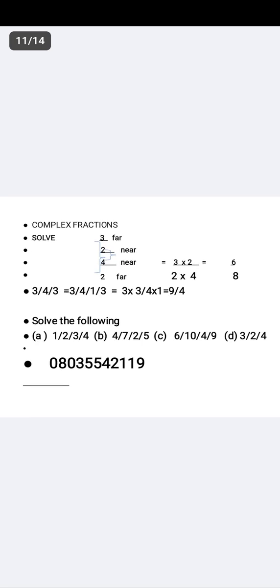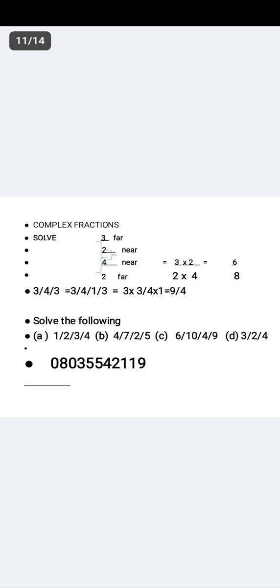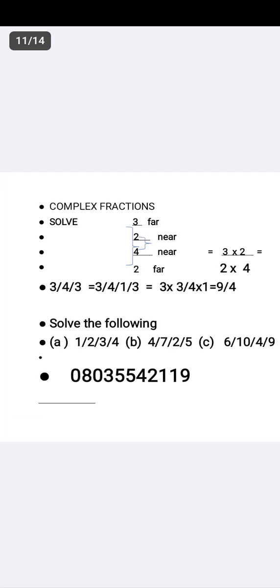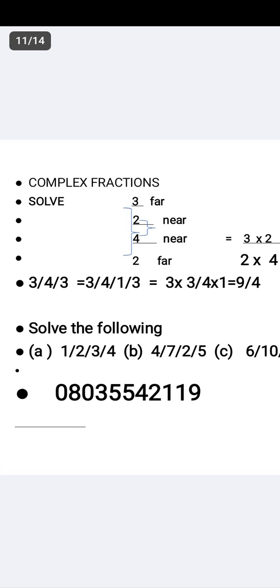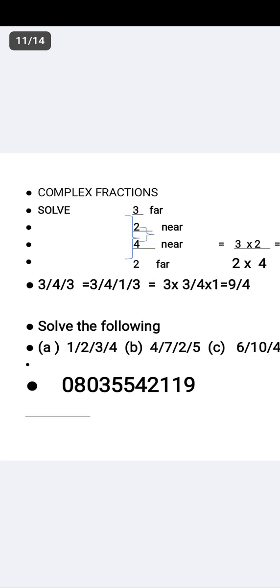Now, I just want to use this last tutorial to bring back what we have just learned before in complex fractions.